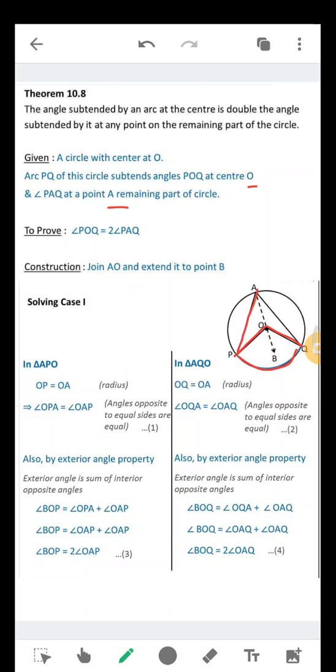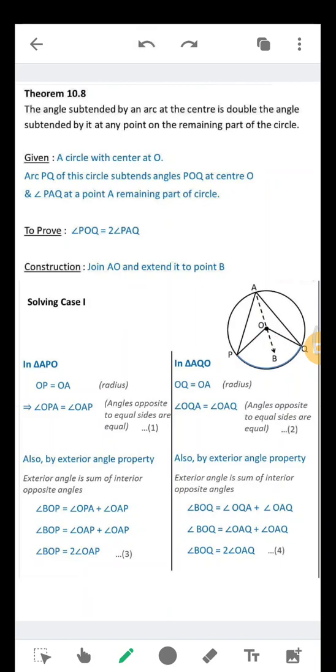So PAQ is the angle made by this arc PQ in the remaining part of the circle. We need to prove that this angle POQ is double of PAQ. Let's see how we can prove this.